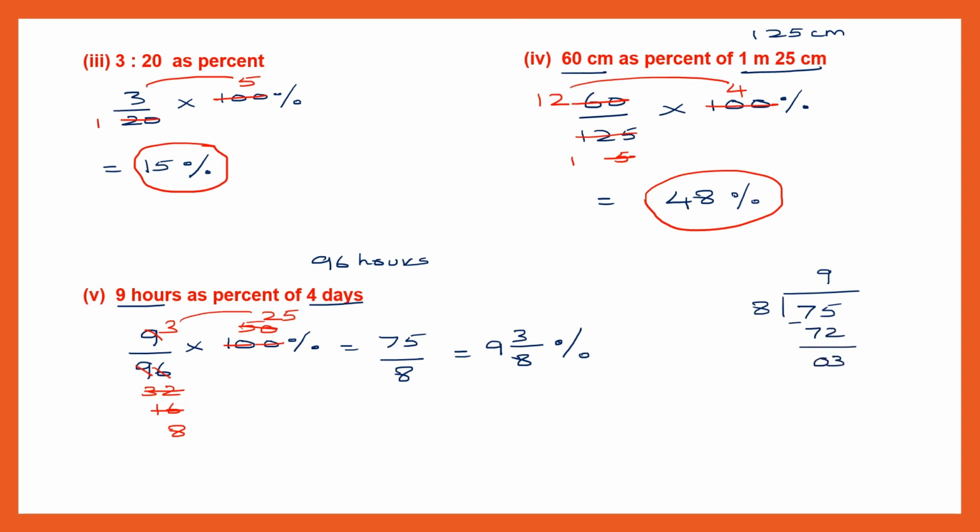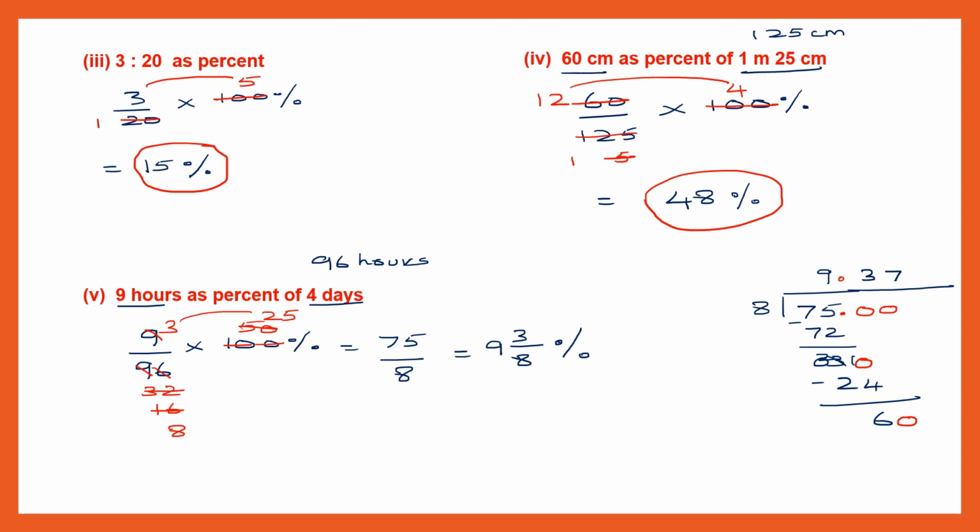I'm going to continue my division by putting a point here, carrying that point up, putting a 0, and bringing the 0 down. Now my number is 30. Let's continue the division. 8 threes are 24, 30 minus 24 is 6. Now the remainder is not 0, so we can continue. I'm going to put a 0 there and bring the 0 down. So now the number is 60.